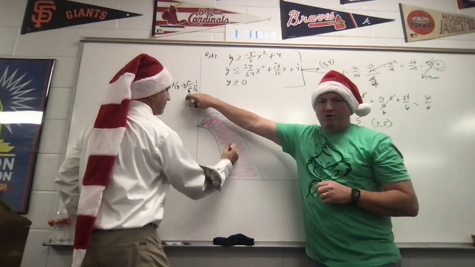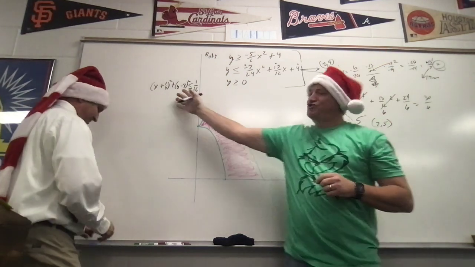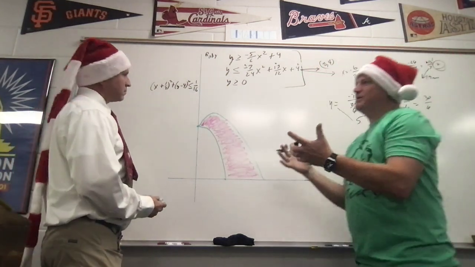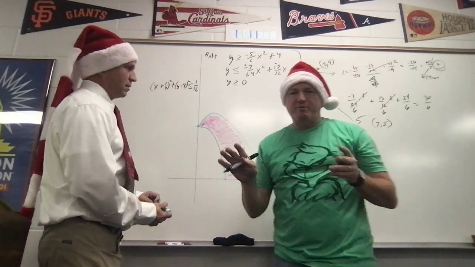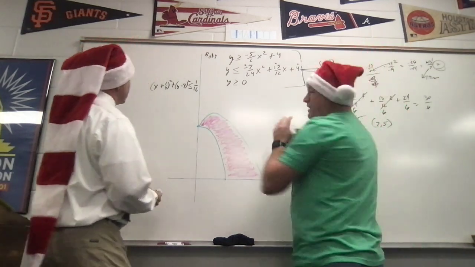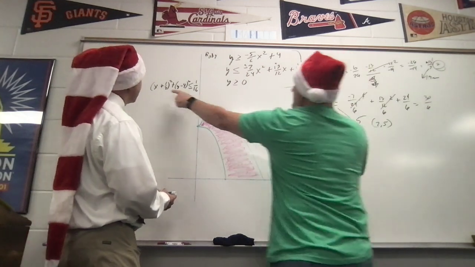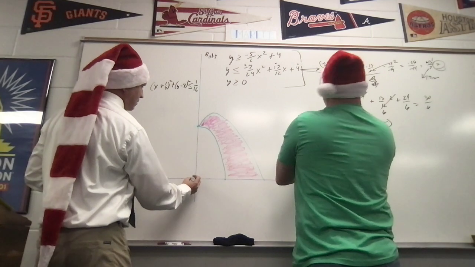Now, this is a circle. I'll let Coach Moret and his coloring get out of the way. We got this circle right here. All right, so Coach Moret, I always teach my students that anything locked in parentheses, we move opposite. Exactly. So we know this is a circle, and this is going to be a negative 1/4 here, and this is going to be a positive 4.